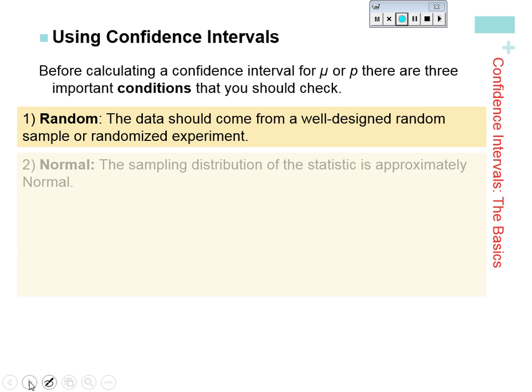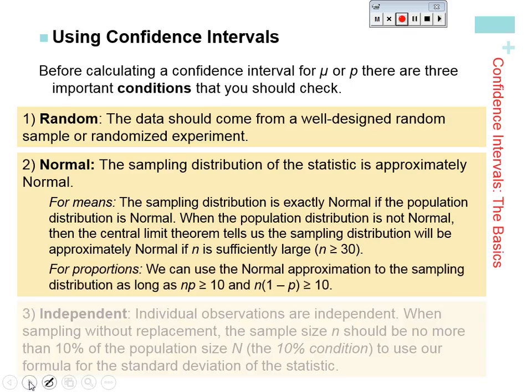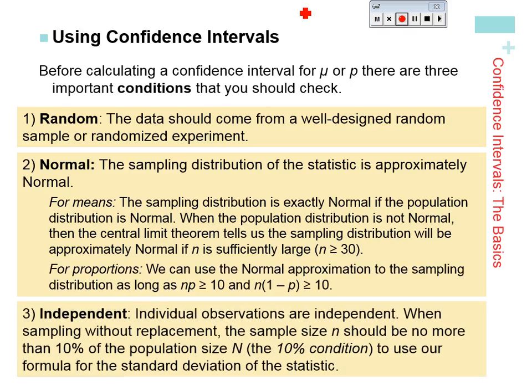So before you calculate a confidence interval, there are conditions involved. Just like there were conditions when we were talking about sample means and sample proportions, there are conditions involved with confidence intervals. There are three conditions. There's the random condition, meaning that your data should come from a well-designed random sample or a randomized experiment. There's the normal condition. If we're talking about quantitative data, we know that the sampling distribution is normal if the population distribution is normal, or if the sample size from that population is 30 or more.